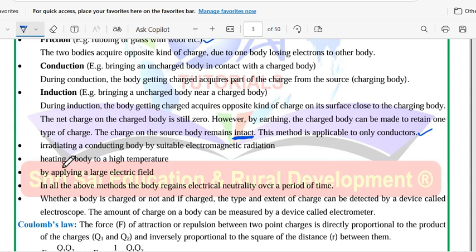Charging can also be done by heating a body to a high temperature, or by applying a large electric field. In all the above methods, the body regains electrical neutrality over a period of time.